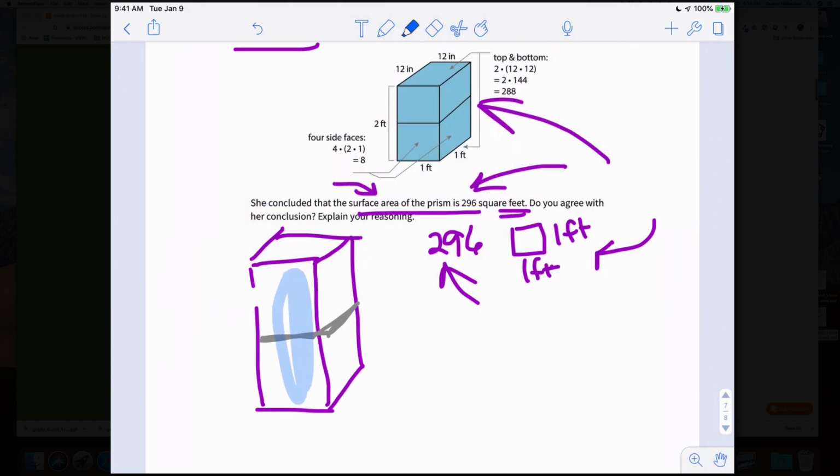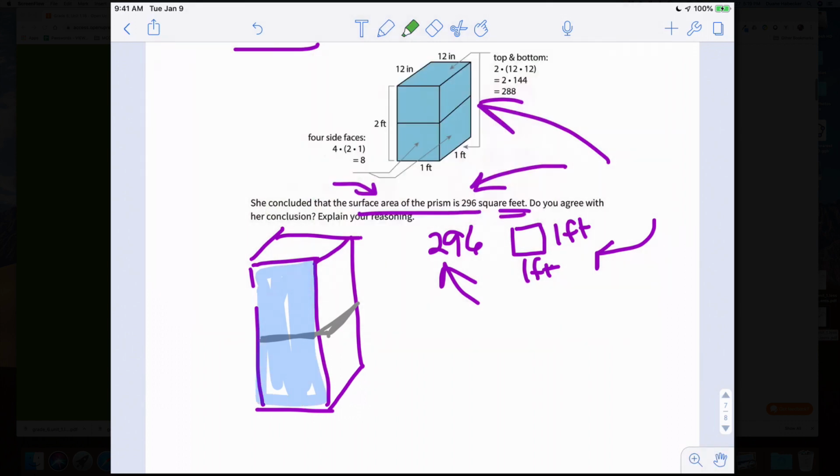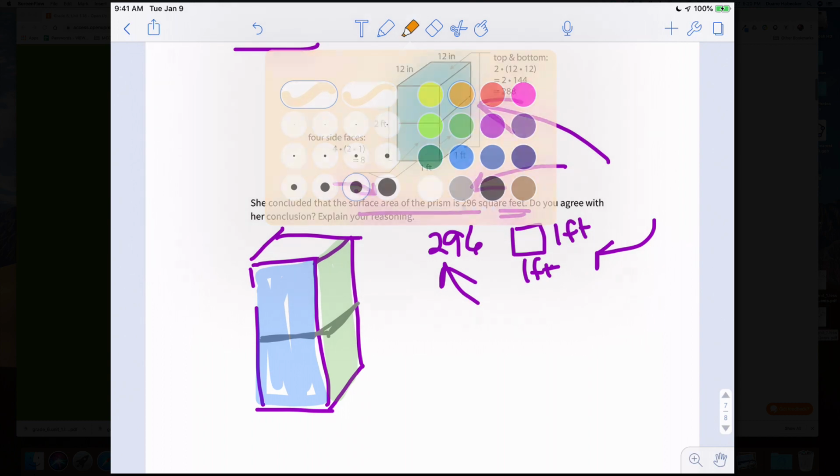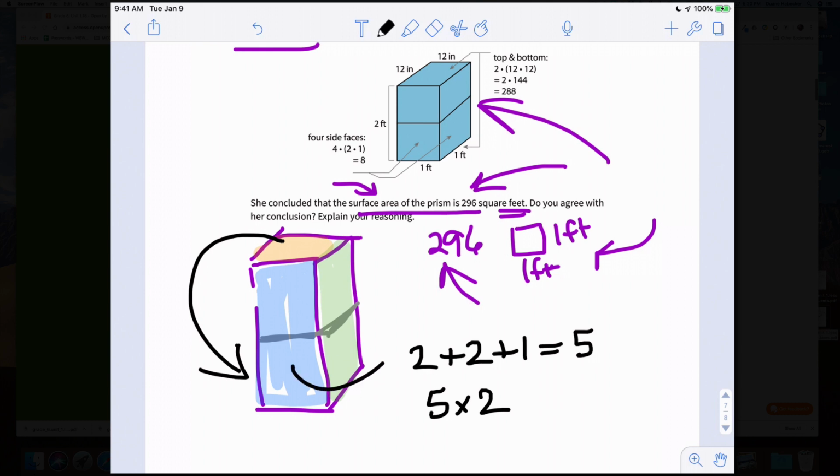Well, the front has an area of 2 for the blue, and then the green has an area of 2, and then the orange has an area of 1. So we've got 2 blue, 2 green, plus 1 orange. That equals 5.